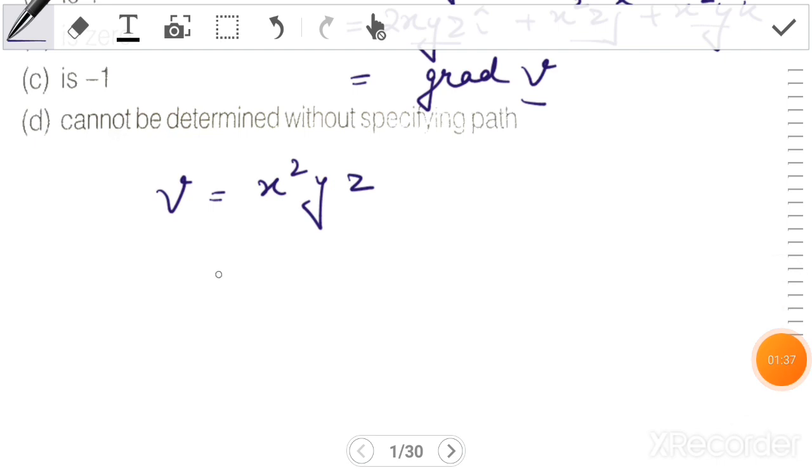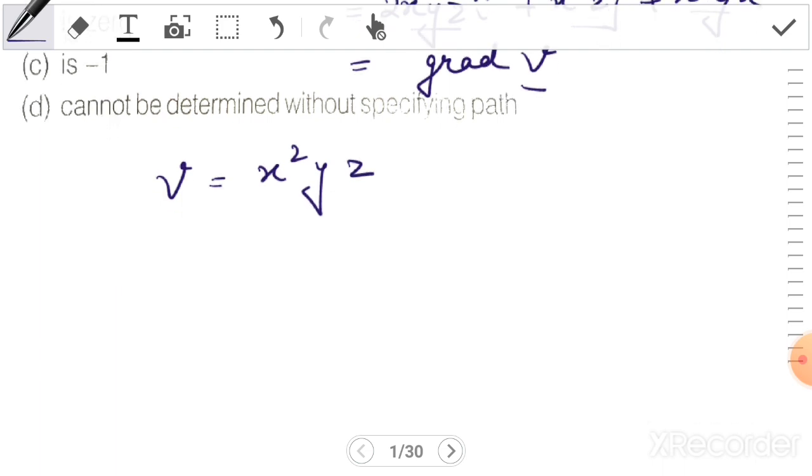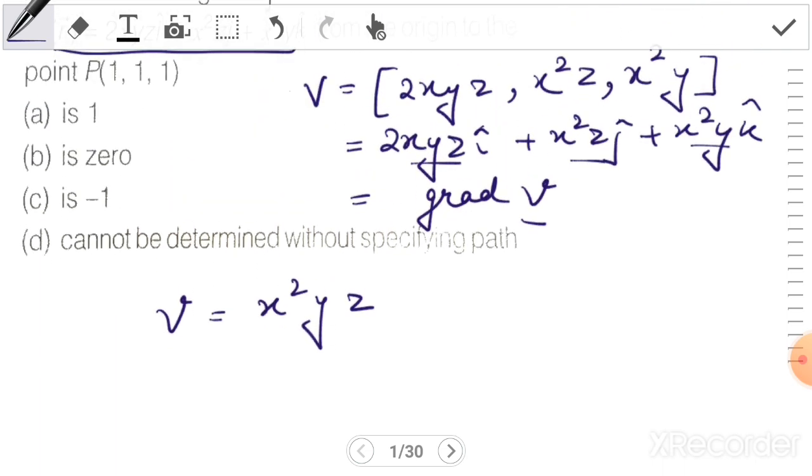Now, since this is the problem on independence of path, to find the value of the line integral of the vector function, we have point O as 0, 0, 0 origin and point P as 1, 1 and 1.